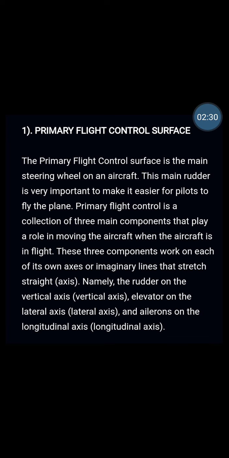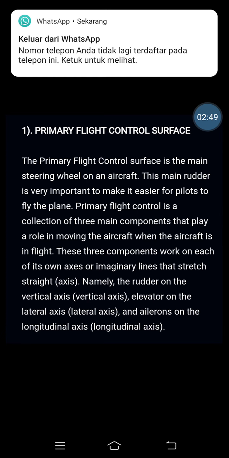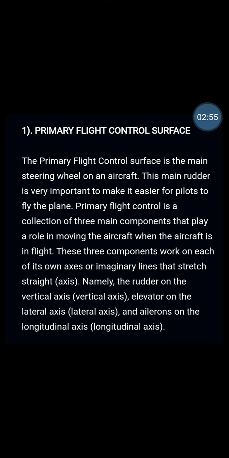These three components work on each of its own axis or imaginary lines that stretch straight, namely the rudder on the vertical axis, elevator on the lateral axis, and aileron on the longitudinal axis.